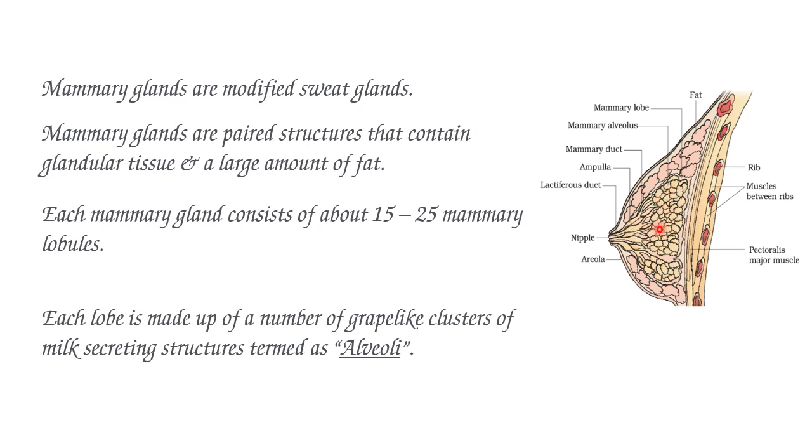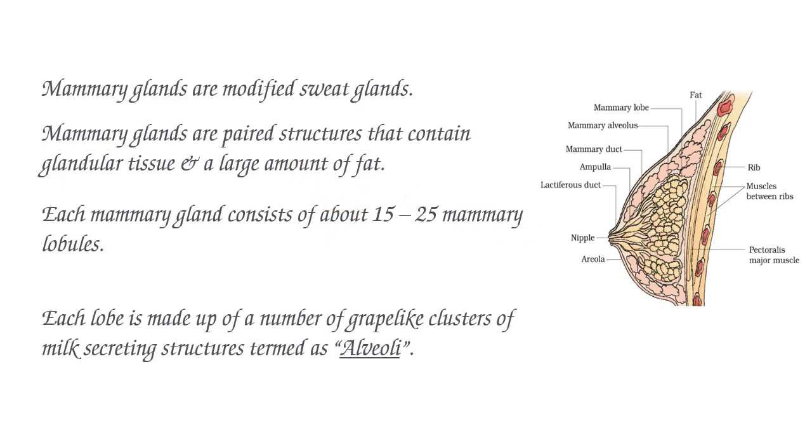So these grape-like clusters are called alveoli. These alveoli are considered the structural and functional units of mammary glands because they secrete the milk.